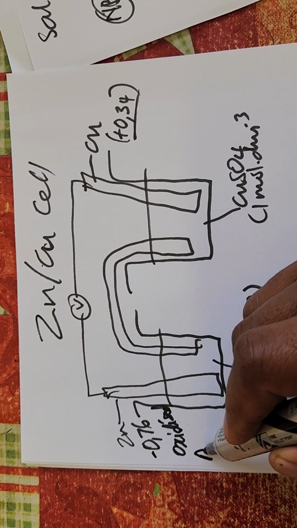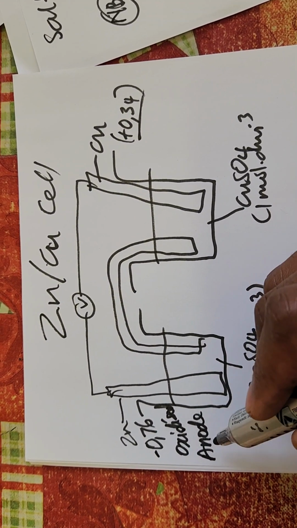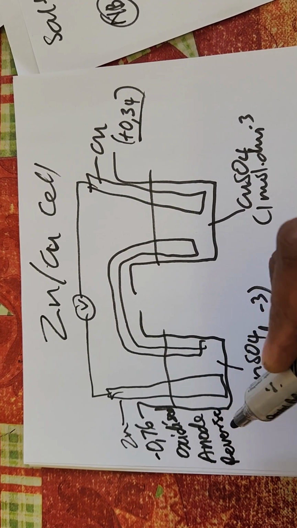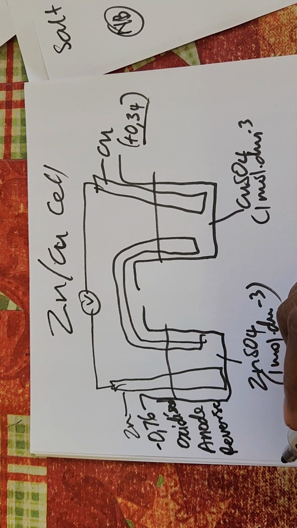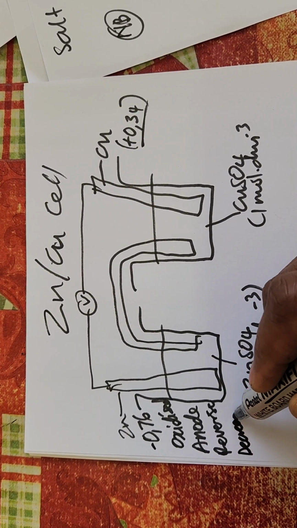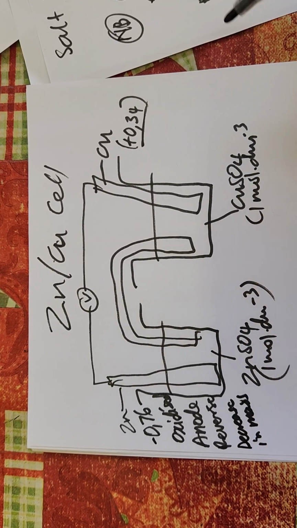And that's where you will find the anode. If I have to write half reactions, this one will involve the reverse reaction. In terms of mass, this one has to decrease in mass. That's a small analysis of this.